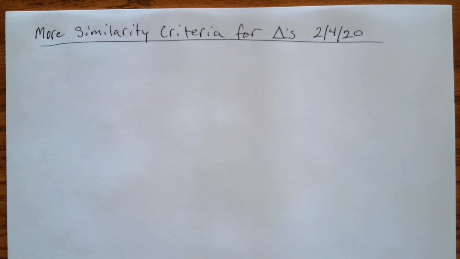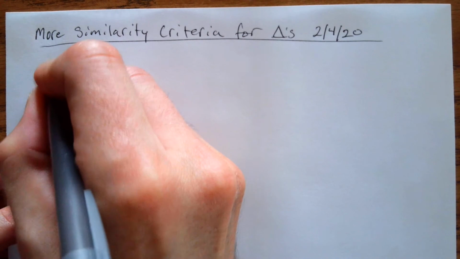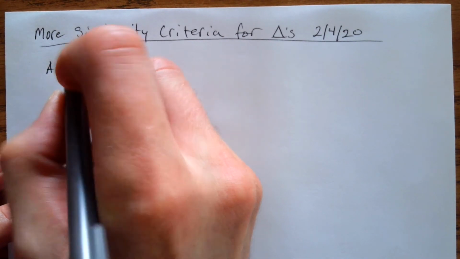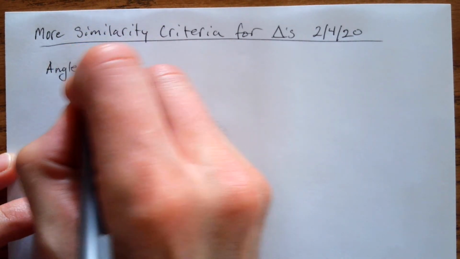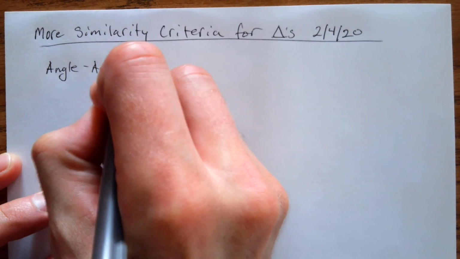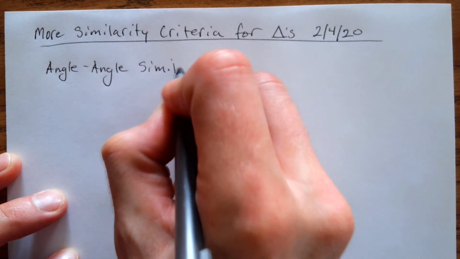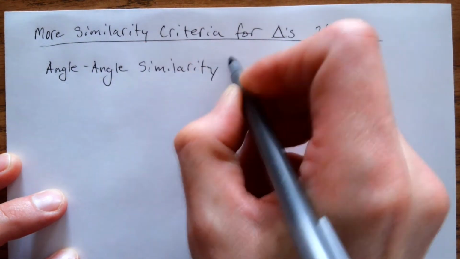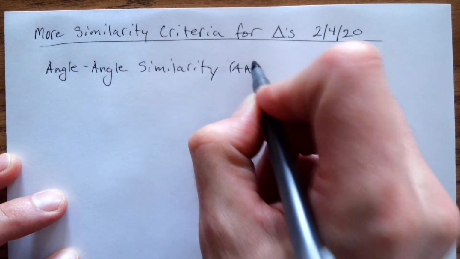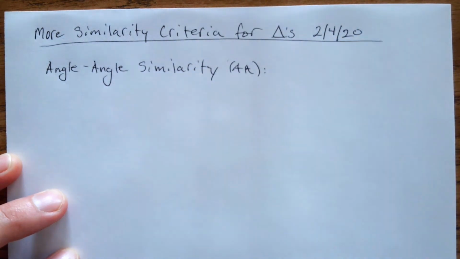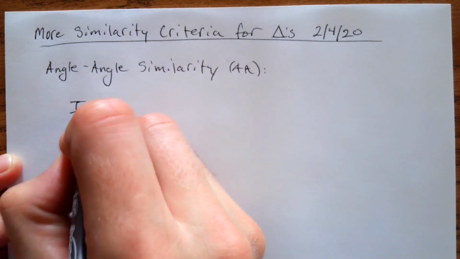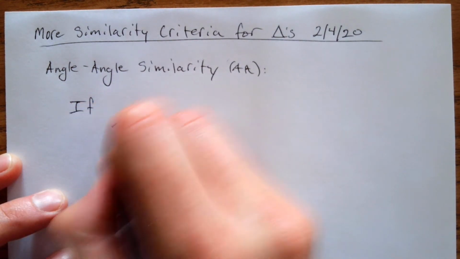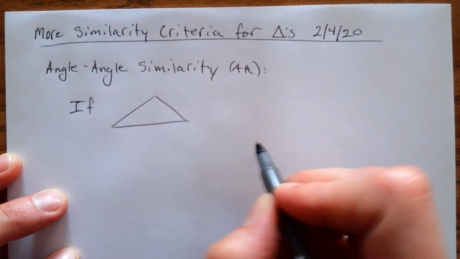We also looked at angle similarity. And I'll just do a picture for this. Angle similarity. For angle similarity, if you have two triangles, I'm just going to sketch really quick.